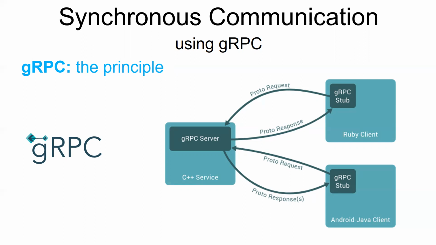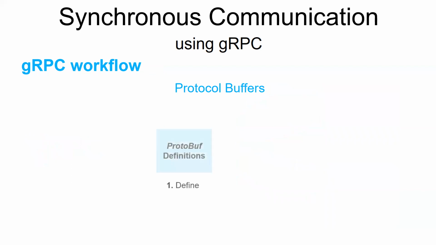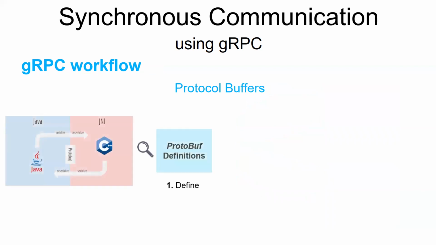HTTP2 is pretty fundamental to how gRPC works. By default, gRPC uses protocol buffers as both its interface definition language, IDL, and as its underlying message interchange format. Protocol buffers are a language-neutral, platform-neutral, extensible mechanism for serializing structured data.